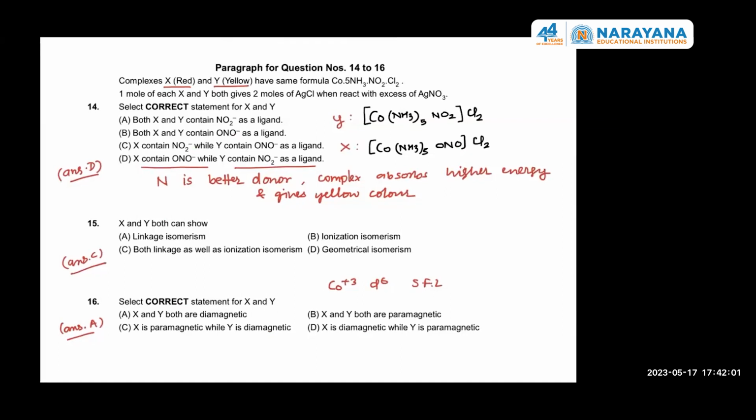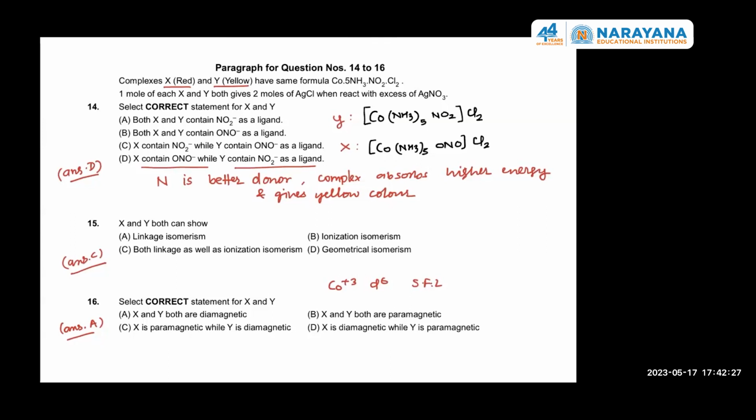Sir, a complex emits a color of lower energy than it absorbs? Yes. Why so? The color which appears is actually the complementary color of what is absorbed. I mean, absorbed energy is equal to emitted energy, so the color should be the same.